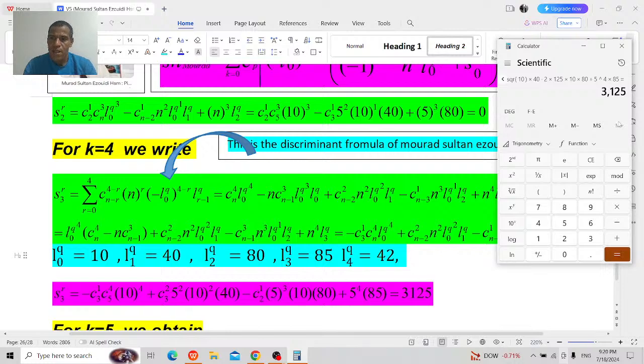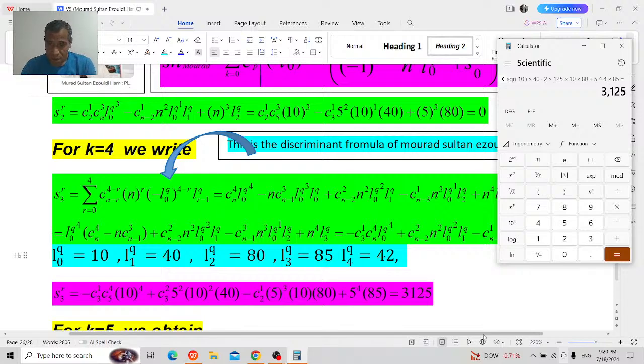This one equals 3125, you see? Sometimes the artificial intelligence can change the values in the calculator.